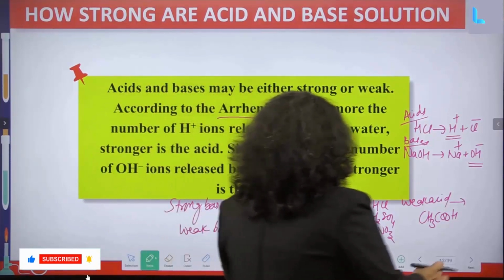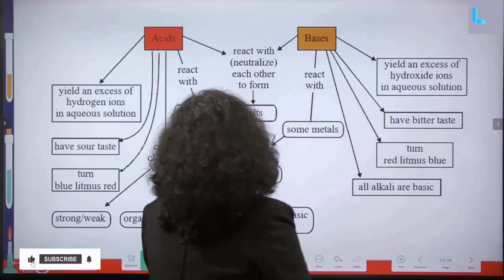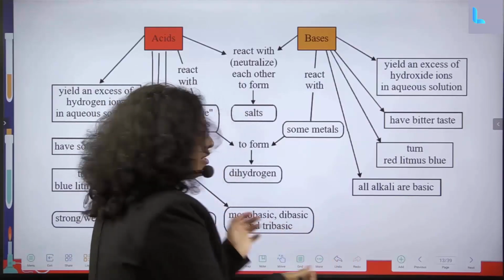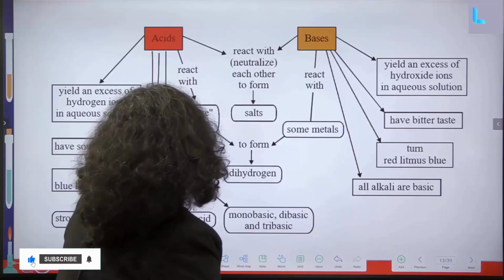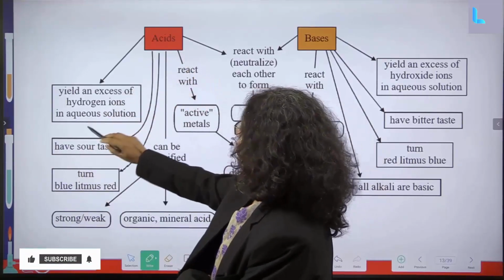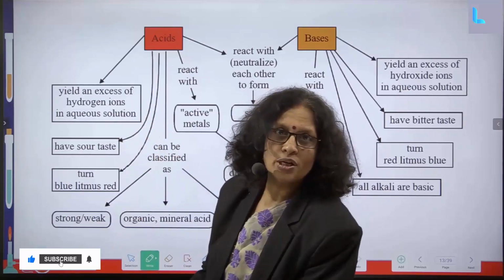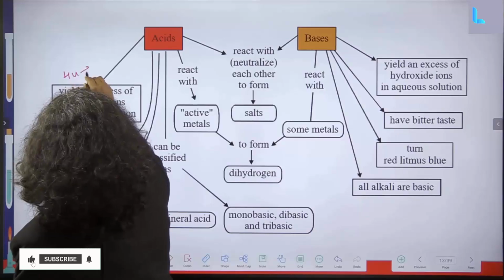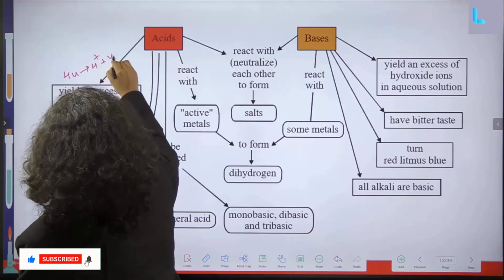Now let's see the properties of acids and bases in a flow chart, so we can quickly understand. First we will talk about acid. It yields an excess of hydrogen ions in aqueous solution, like HCl breaks to H plus and Cl minus.